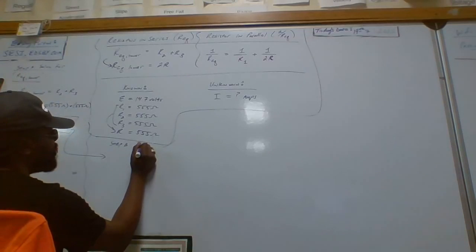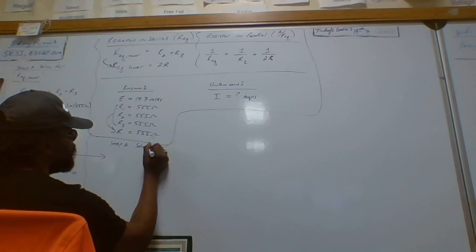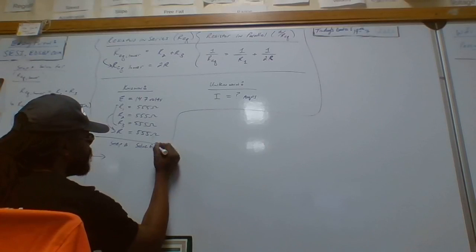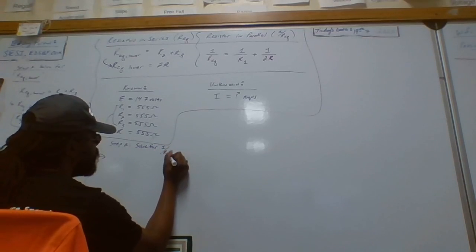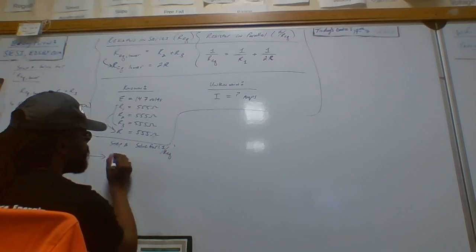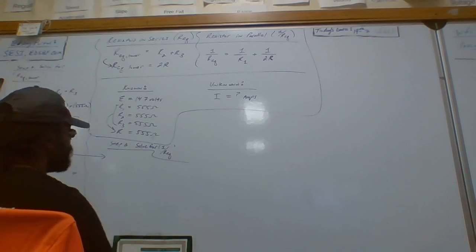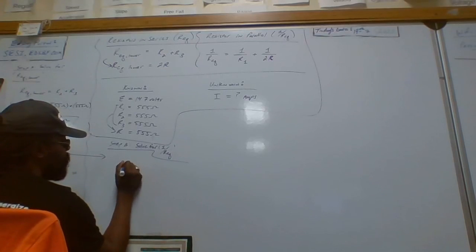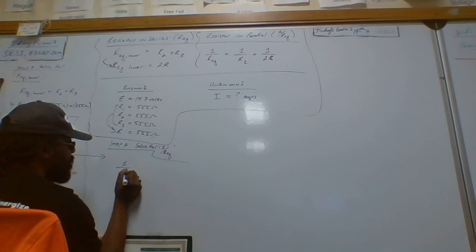So now solve for 1 over REQ. This is for your parallel circuit branch. To do that, you take this equation here, and that is simply 1 over REQ.